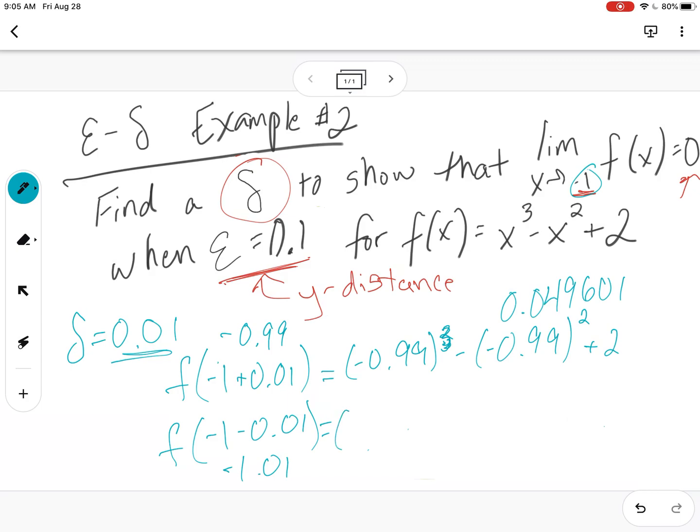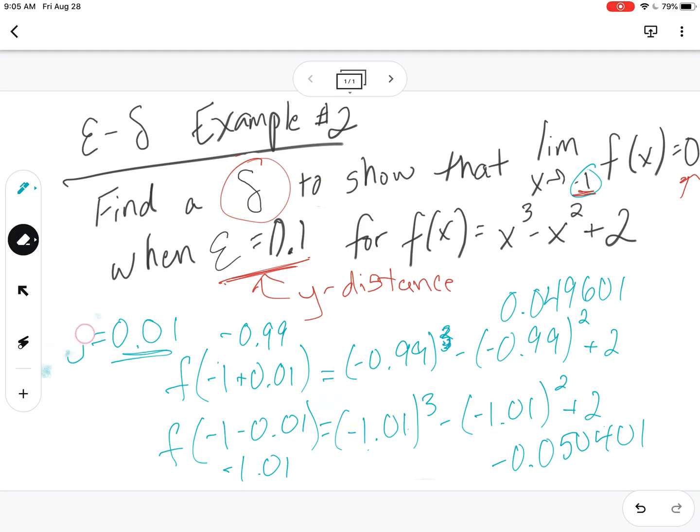I'm going to write it down while I'm typing it in. So I'm going to do negative 1.01 cubed minus negative 1.01 squared plus 2. And I've got negative 0.050401.